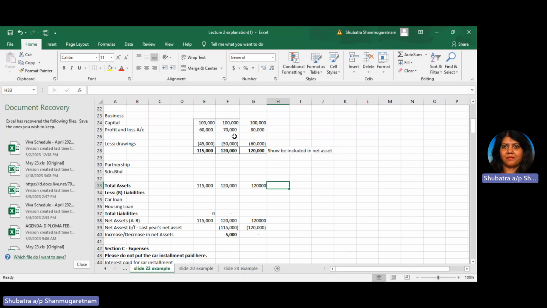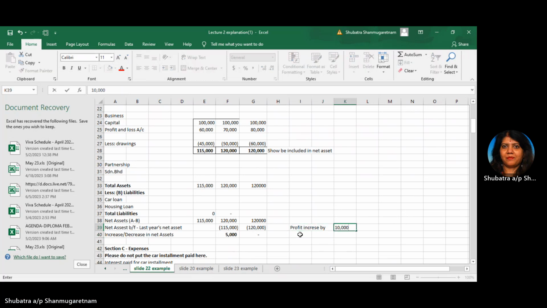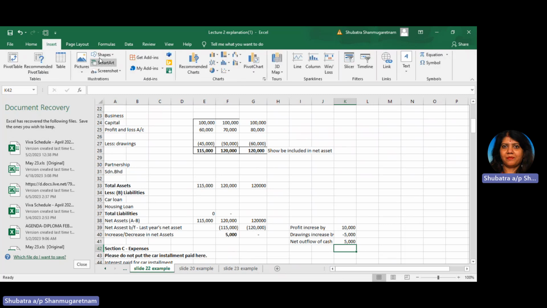So if you net off these two, profit increased by 10,000, drawings increased by 5,000. So that means there is a net outflow of cash by 5,000. This is what is reflected here.